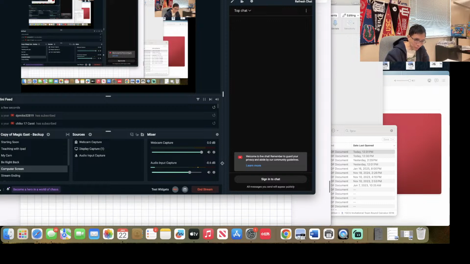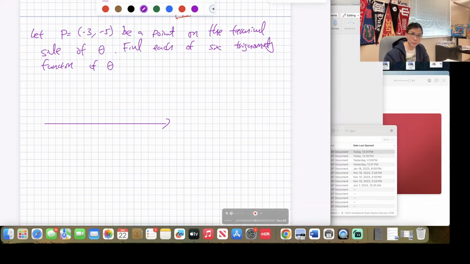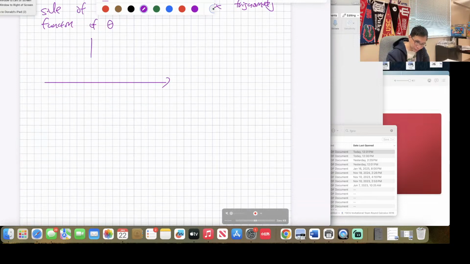Now this question, we're going to start with a point. Sorry, my bad. They say let P equal to -3, -5. So -3 and -5. So it's going to be this point.